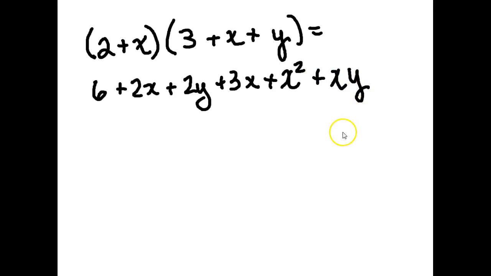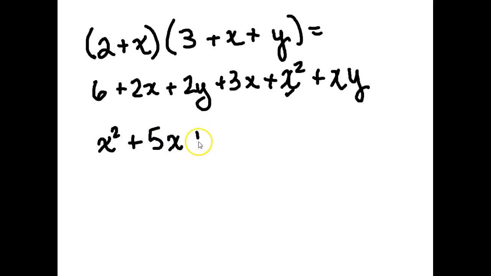And there's one thing I can combine here. I've got my 2x and my 3x here. So let me actually start with the x squared, because that's the highest exponent. So I've got an x squared, right? And my 2x plus 3x is going to get me a 5x.